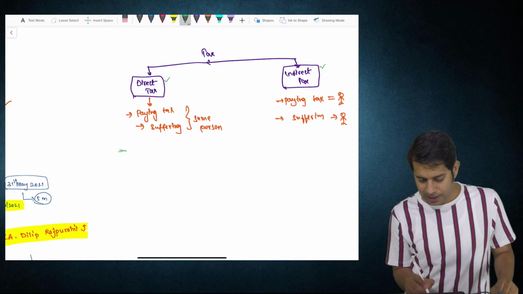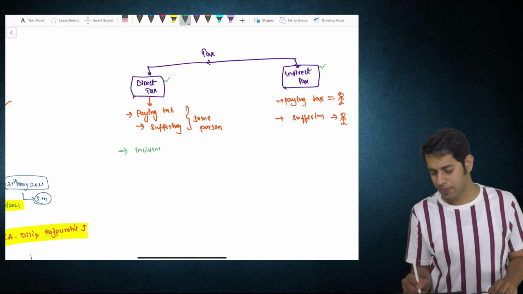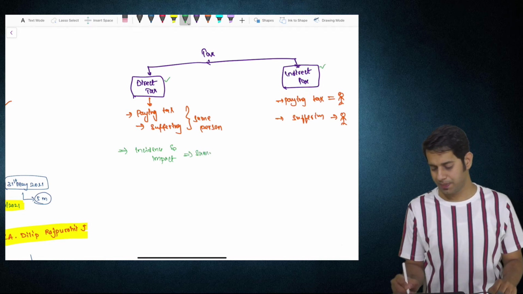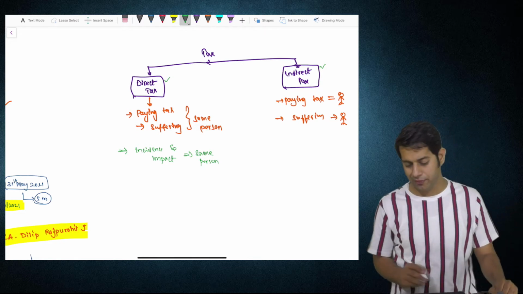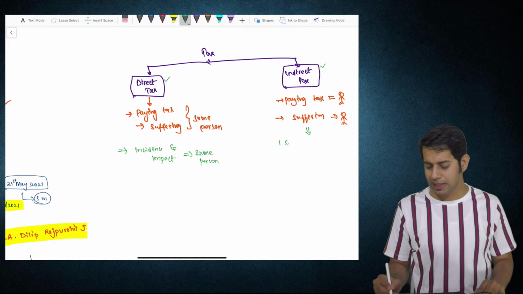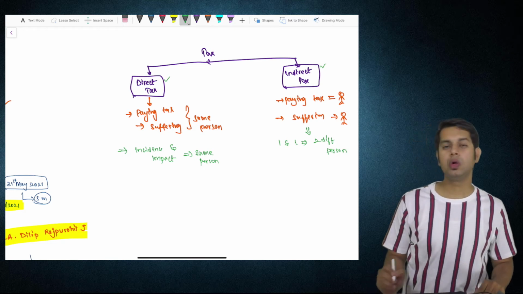So in case of direct tax, the incidence of the tax and the impact of the tax is on the same person. Whereas in case of indirect tax, the incidence and the impact are on two different persons.